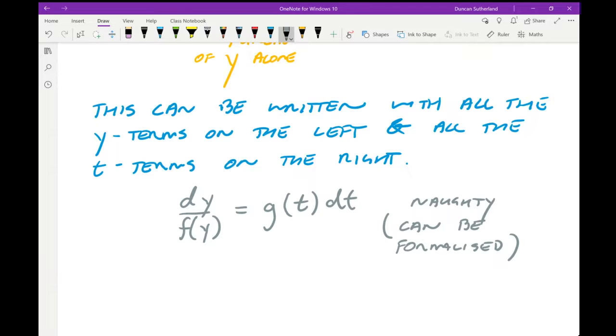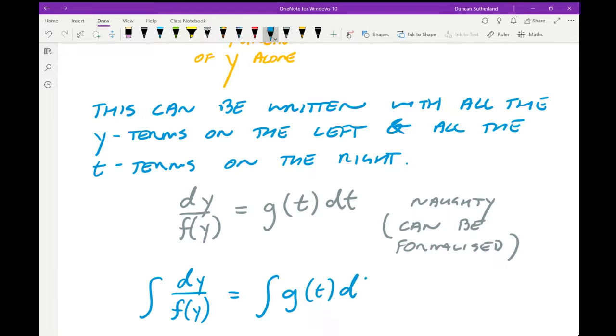And that's what we really mean by derivatives. What we have instead is the integral of dy on f of y. This is a legitimate integral. And that is also a legitimate integral.